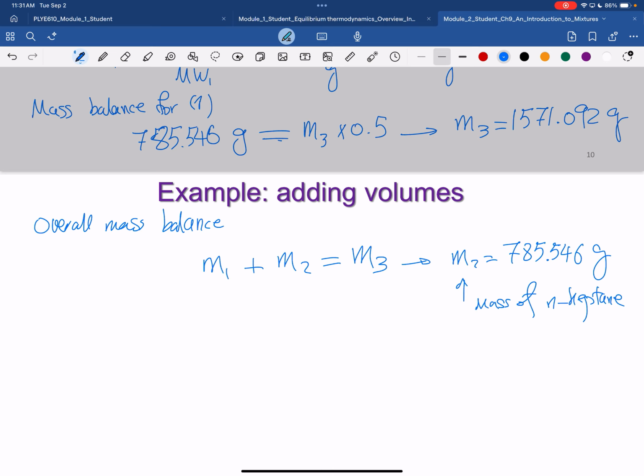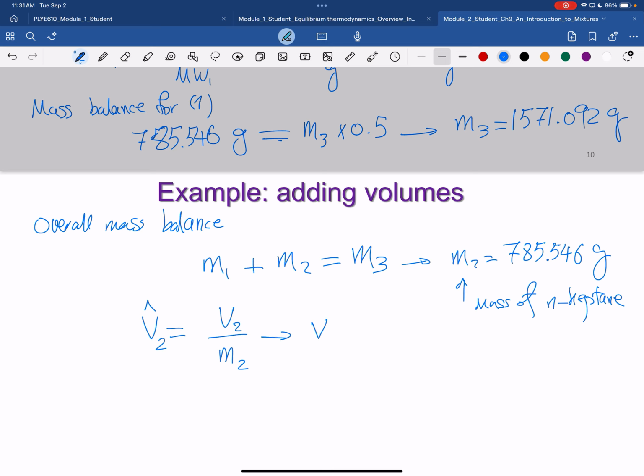But we are just using the conservation of mass here, right? So it doesn't change the specific volume, right? So it's okay to use this relationship that we have. This is the definition of the specific volume of N-heptane here.